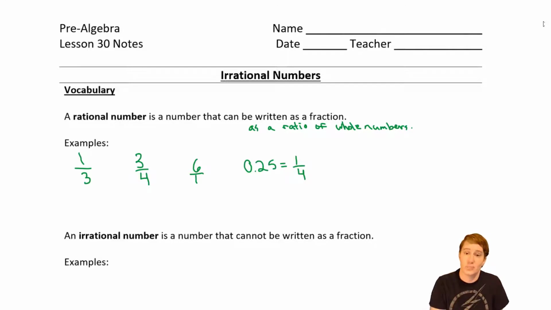So the fact that it's 0.25 and then it stops, we'd be able to change this to a fraction. Because worst case scenario, however many decimals we have, we'd put over like 1,000 or 1,000,000, depending on how long it is. We could put it over some power of 10 and figure out what the fraction was. But that only works if the decimal ends. So the first way is if the decimal ends, that means it can be written as a fraction.